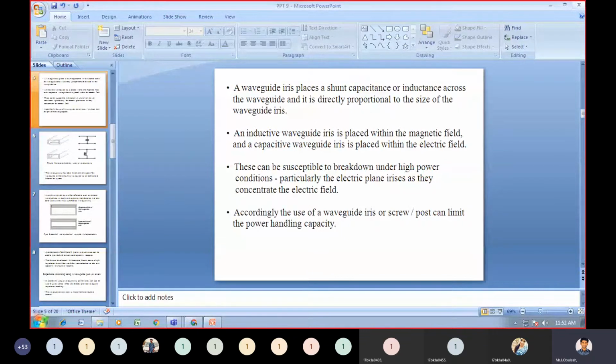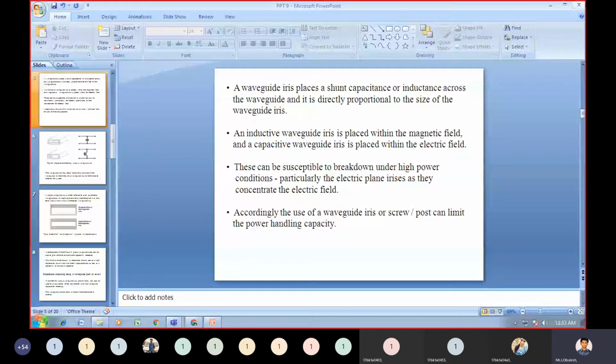These can be susceptible to breakdown under high power conditions, particularly the electric plane irises, as they concentrate the electric field.